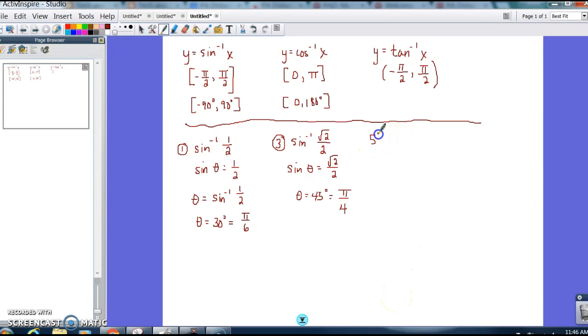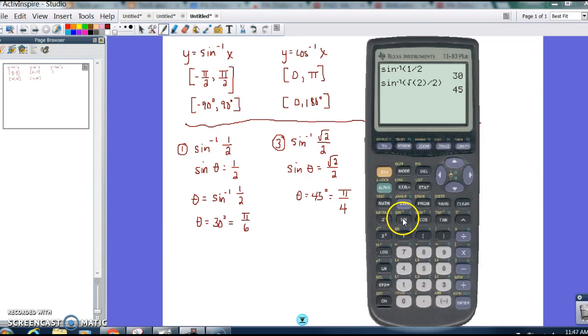Now, if you go to the next one, problem number 5, it says sine inverse of negative 1/2. And so here's where, if you do it in the calculator, you can certainly do this in the calculator. It's going to give you the correct answer.